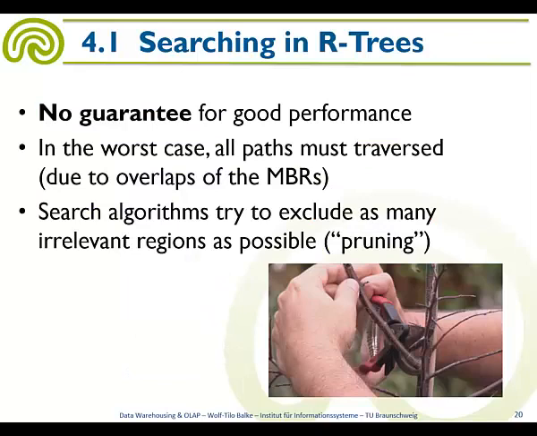Good. So you can already imagine, when we talked about B trees at the very beginning, I told you it has a logarithmic cost. And this was easy to say because it was rather fixed. However, here in the R trees, as you've seen, you've heard me saying worst case scenario, and you pick the paths randomly. So as you can already tell now, you don't have a guarantee for a good performance because you never know.